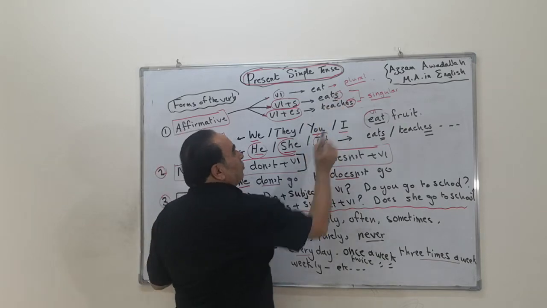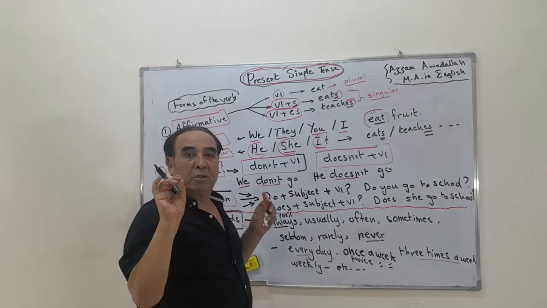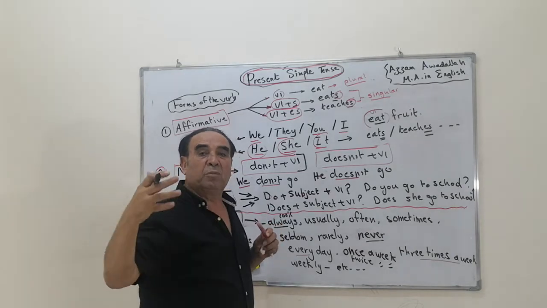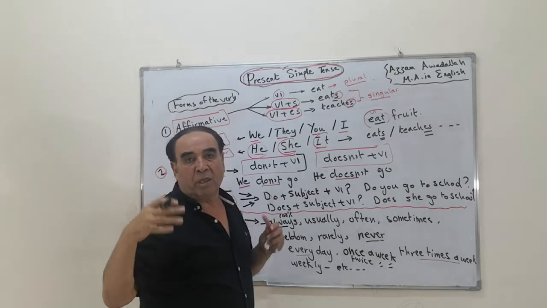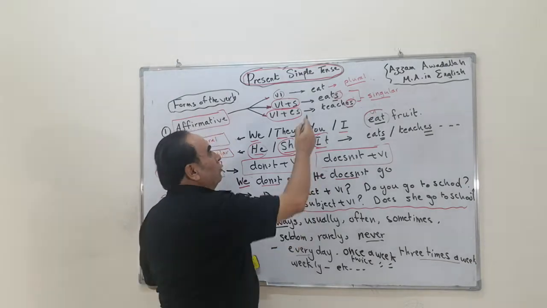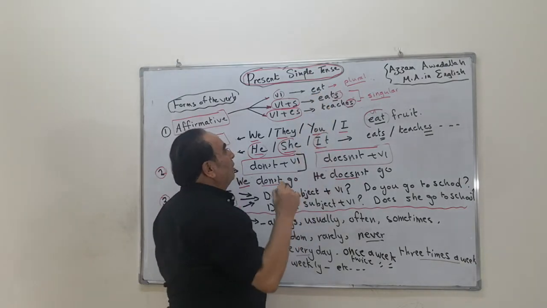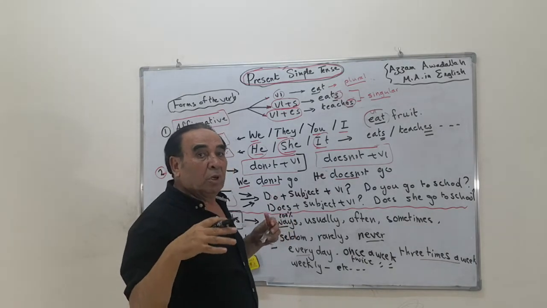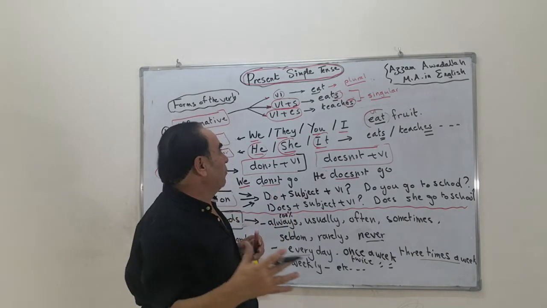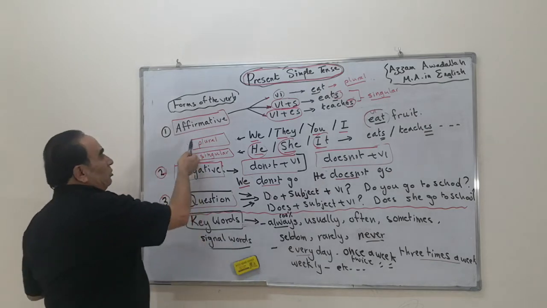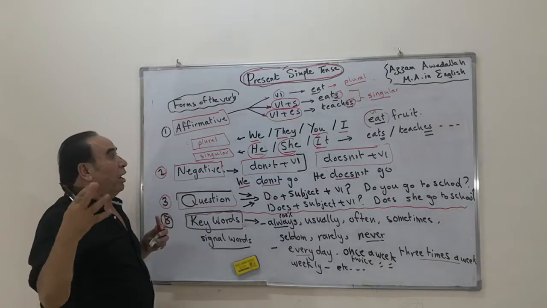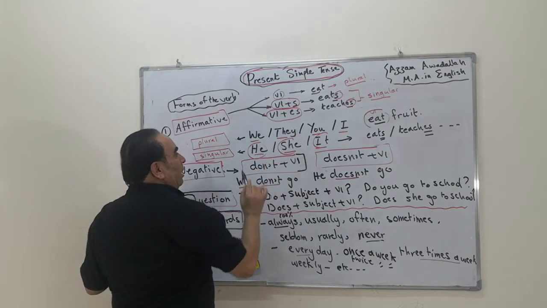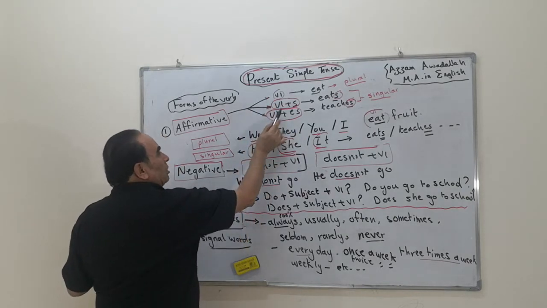So s and es are two suffixes that make the verb singular in the present simple. But when it is the base form, it represents plural. So in the affirmative, we have three parts: verb 1, verb 1 plus s, verb 1 plus es. Plural, singular.